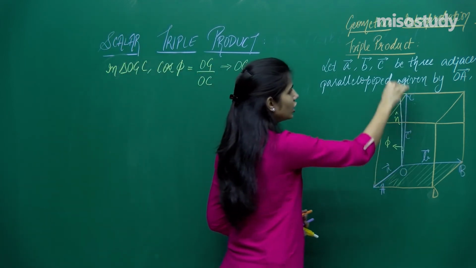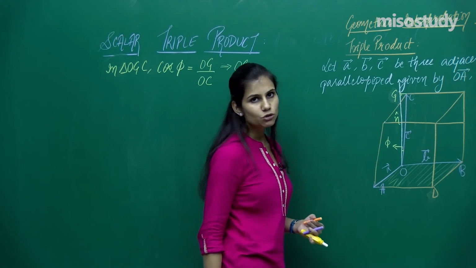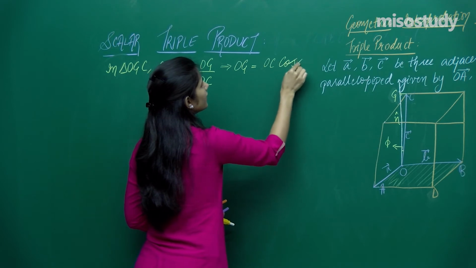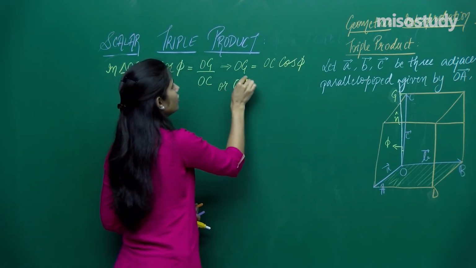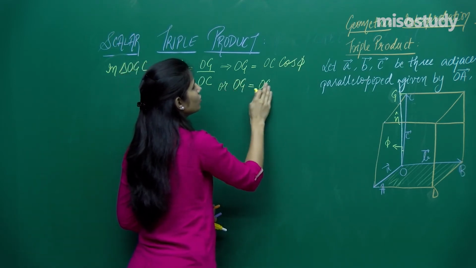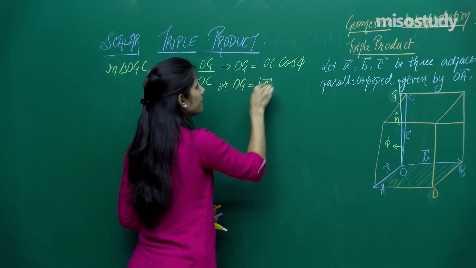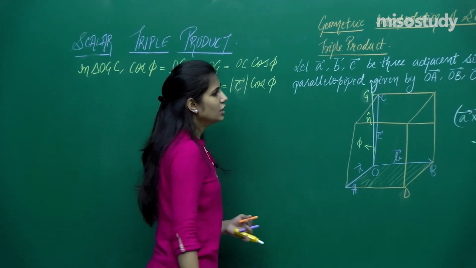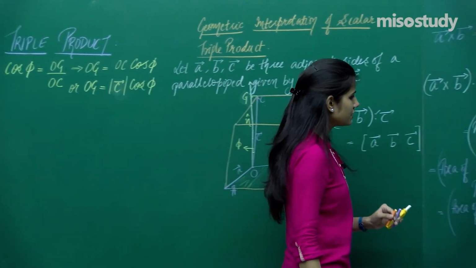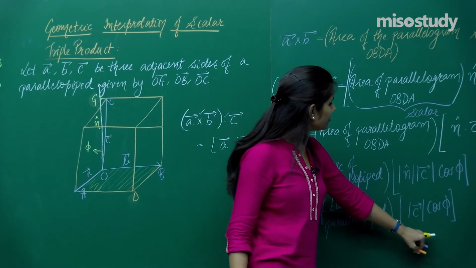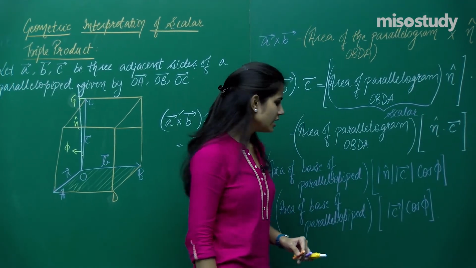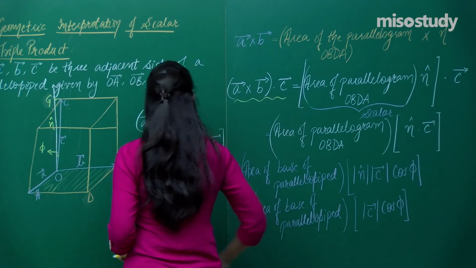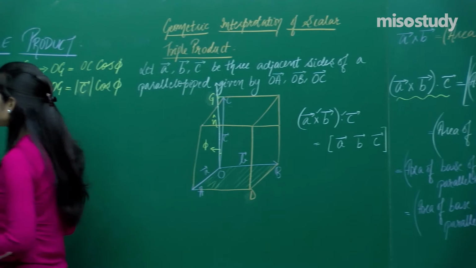OC is actually the magnitude of vector C. So OG is equal to magnitude of C vector times cos phi. Over here you have got magnitude of C vector times cos phi, and I will be replacing this by OG. So therefore this particular term, which was coming out to be equal to this, is further coming out to be equal to something else.